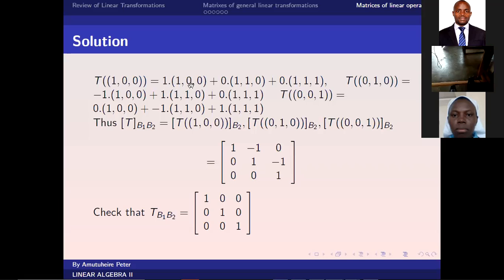This is 0 plus 0 plus 0, so you get this 0. Then lastly, this is a 0 plus a 0, which gives you that 0. Okay, so that means that T of the second basis element, (0, 1, 0).